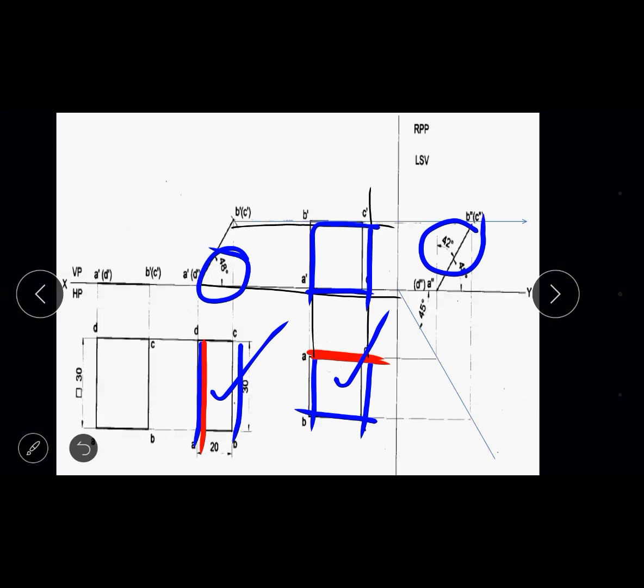So how to find it out? I'll explain the last figure. In any projection of planes or solids, when you are using the side view, you will always get it parallel to VP. So this is the VP plane, and just next to VP you'll get this profile plane.